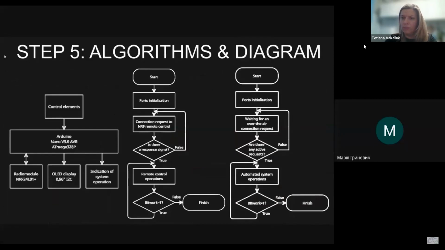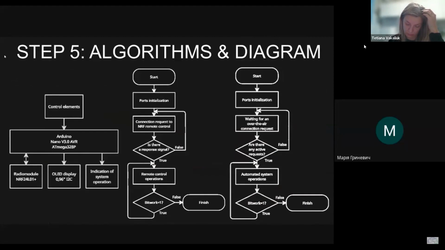Okay, and now about the control panel. Control is carried out by the Arduino Nano board, which provides data processing. Moreover, it performs the control device function and ensures data processing from the GPS module and their recording on a flash drive.